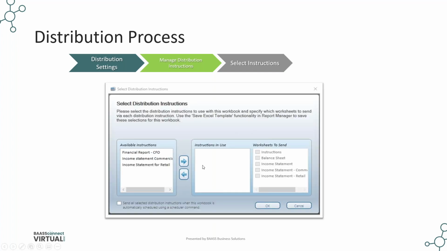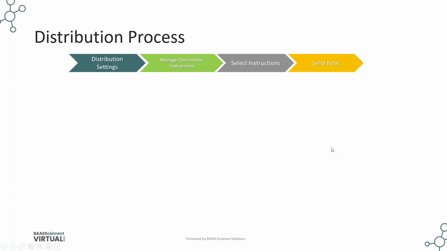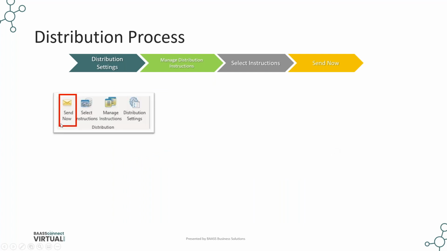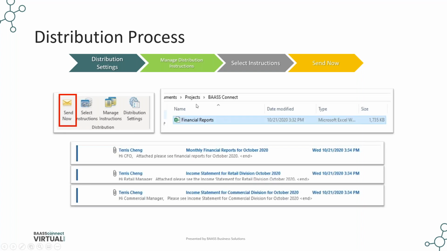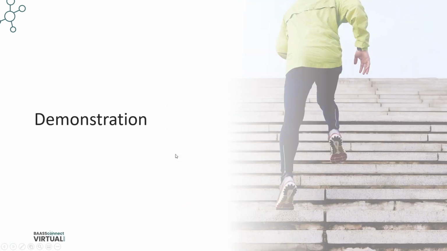And then Sage Intelligence will know what instruction to follow. And then in the end, by hitting the Send Now button, the reports will be distributed based on the selected instructions, whether it's saving to a folder or by email. Now let's take a look at how to set this up in Sage Intelligence.